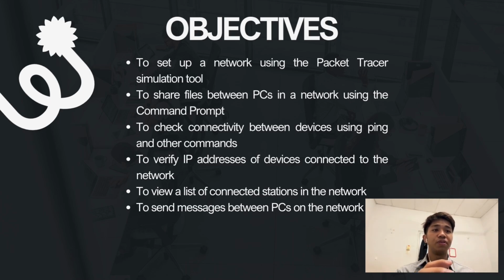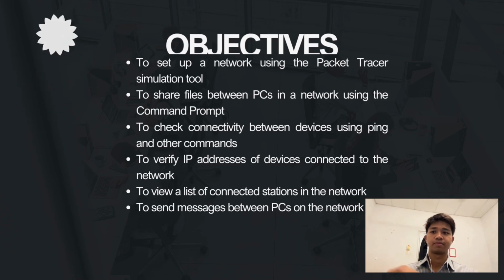The fourth is to verify the IP addresses of devices connected to the network. On the other hand, we're going to view a list of connected stations in the network. And last but not least is to send messages between PCs on the network. That's all our objectives for this project.